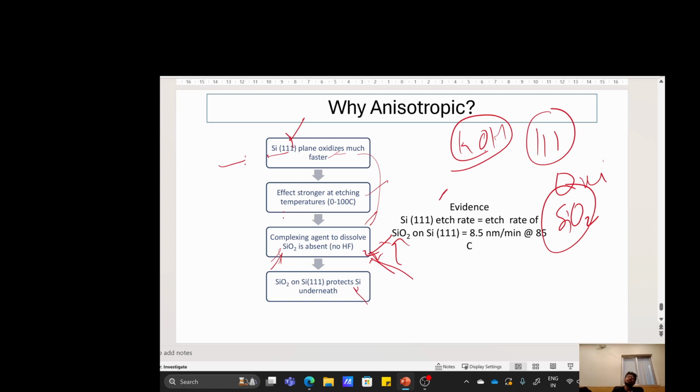In the oxidative process in HNA, where we use HF, nitric acid and acetic acid, we deliberately oxidize the surface. In this one, it is getting oxidized, and that oxidation is inhibiting the etching of the underneath silicon layer.